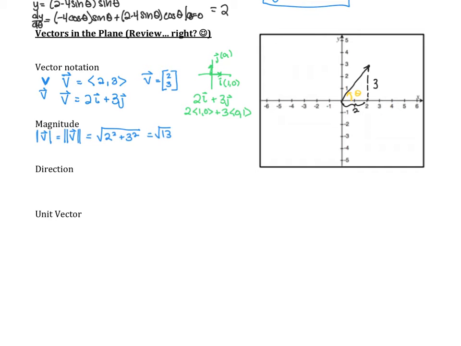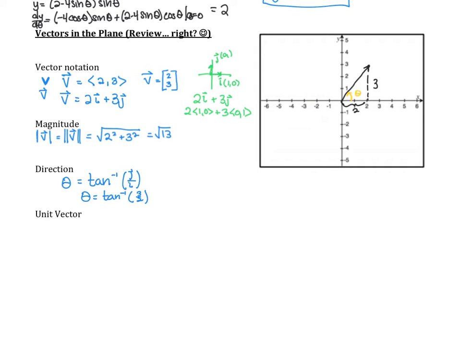To find that angle, theta is going to be the tangent inverse of my y component over my x component, so my j component over my i component. In our case, the direction, the angle theta, would be the tangent inverse of 3 over 2.